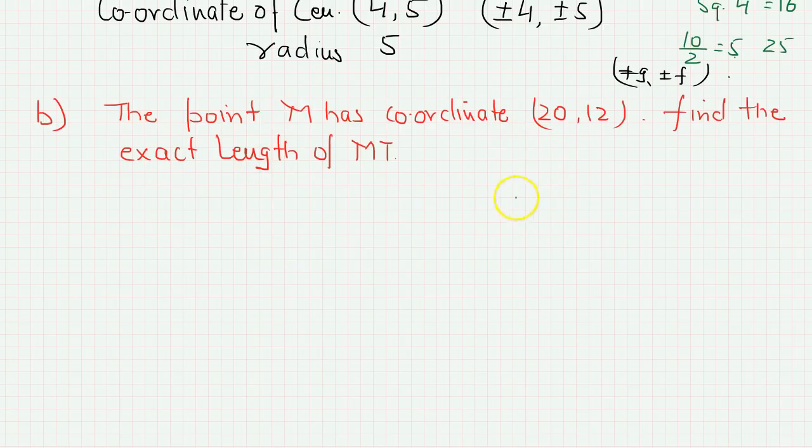Now part B says there is another point M having coordinates 20 and 12, and T is the center of the circle. The coordinates of T are 4 and 5.